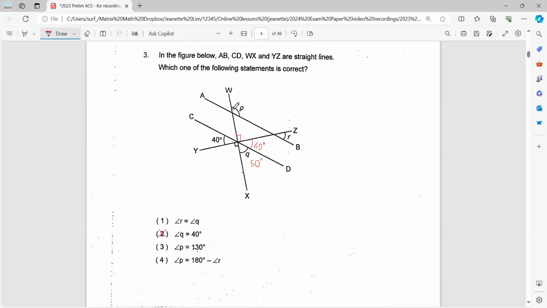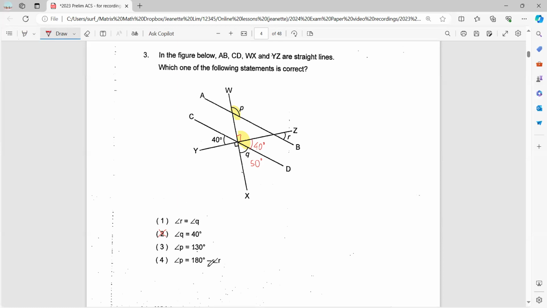Then P, yes, then P will be 130 if these two are parallel. Or I can say that P is actually the same as, if it's parallel, P is the same as this. Corresponding angles. So 90, 40, 130. So P will be 130 if they are parallel.